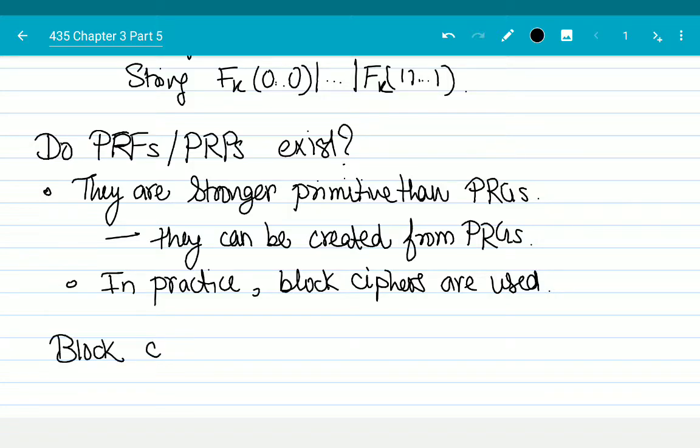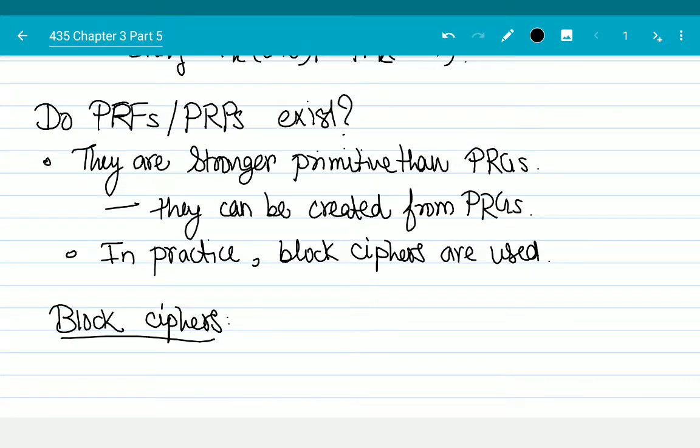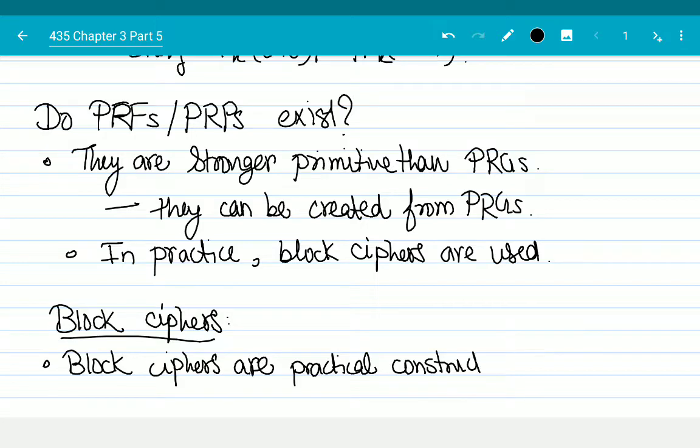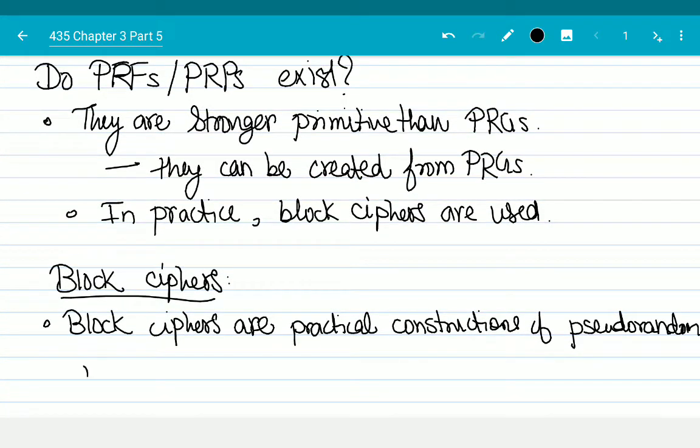Block ciphers are practical constructions of pseudo-random permutations.